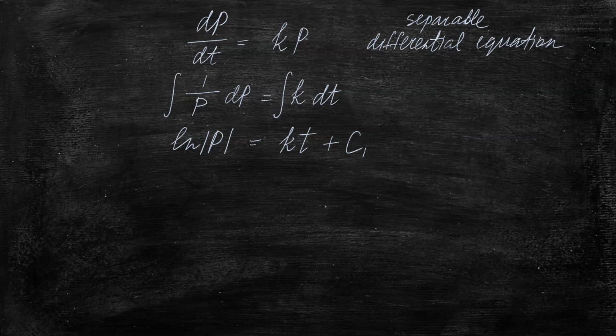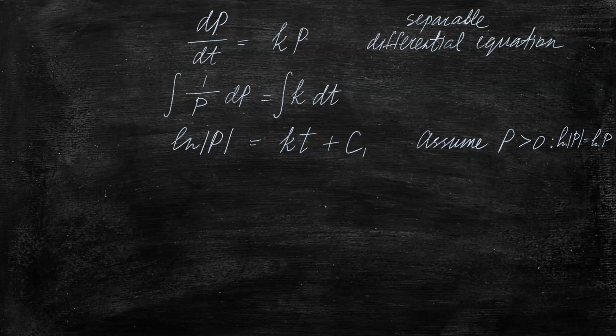So let me throw an index 1 over there, and if we assume that p, the population, is positive, then we don't need the absolute value in there, because when p is positive, absolute value of p is the same as p.